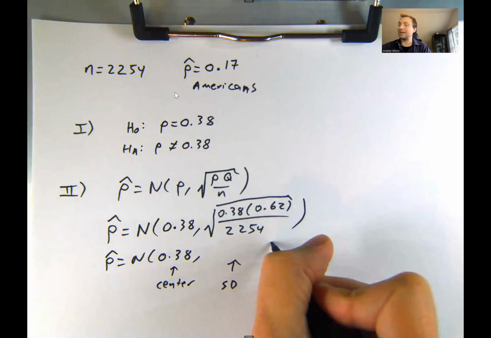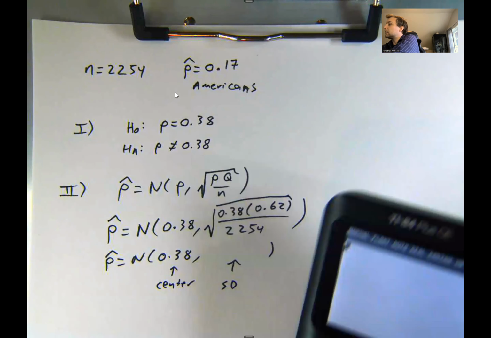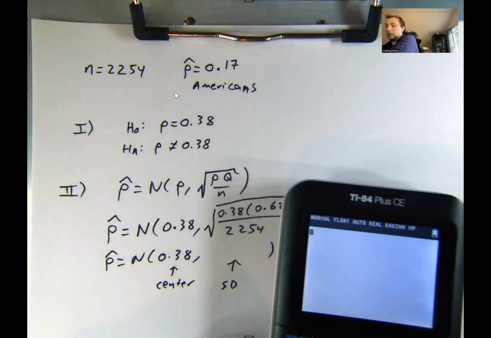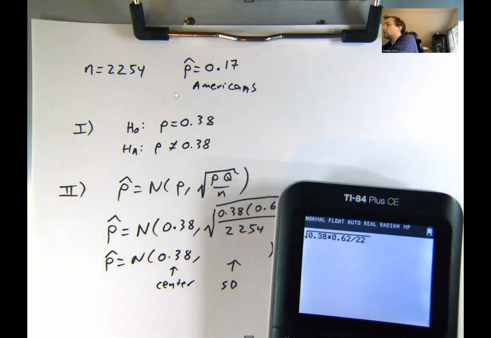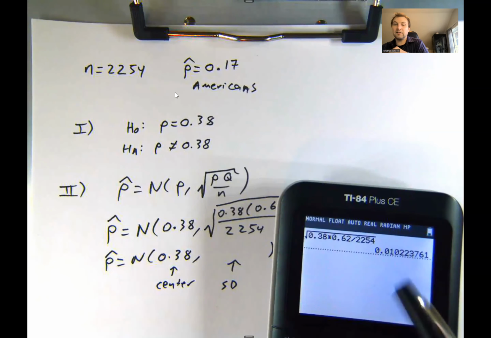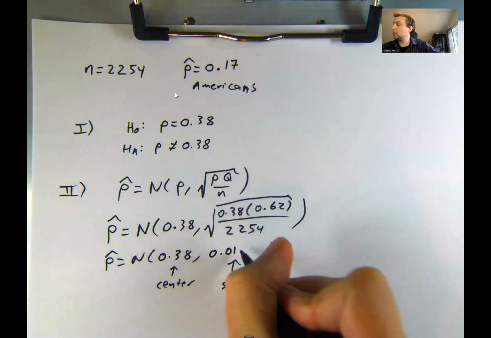Second number will represent my standard deviation for the curve. And I've got the square root of 0.38 times 0.62 over 2,254. And this gives me a standard deviation of 0.0102.